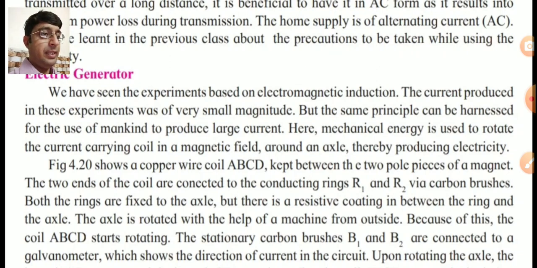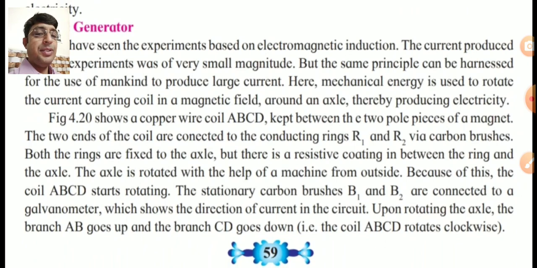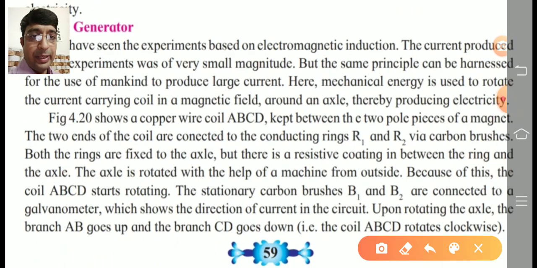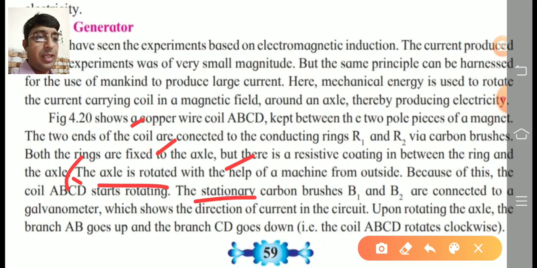Mechanical energy is used to rotate the current carrying coil in a magnetic field around the axle, thereby producing electricity. Related to this explanation, some points are given about the construction, and then the working also starts from this point: axle and stationary carbon brushes, and continue the points.